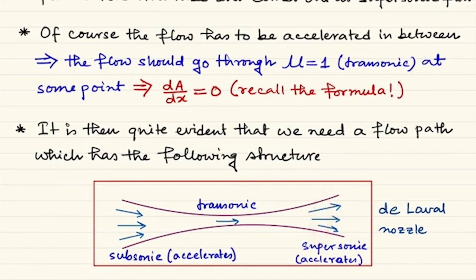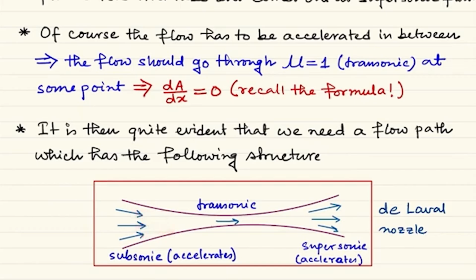Okay, and then you will see what happens: first the fluid was subsonic while it was entering. Okay, and then it was accelerating only because it had gone from a wider to a narrower region. So simply it got accelerated because it was going to some narrow regions.